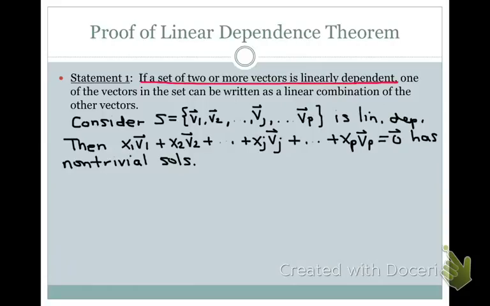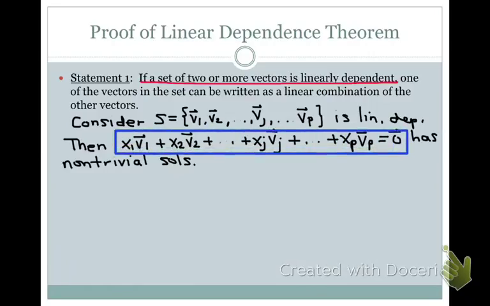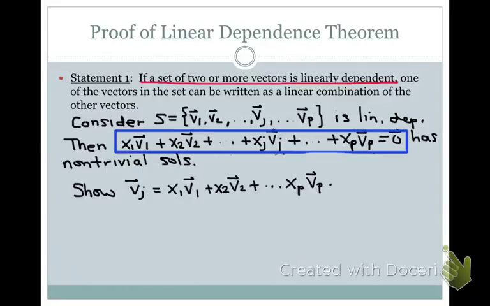So what that gives us is that if we look at the homogeneous equation with those vectors in it, that homogeneous linear system has non-trivial solutions. What we would like to show is that one of the vectors in the set can be written as a linear combination of the other vectors in the set.